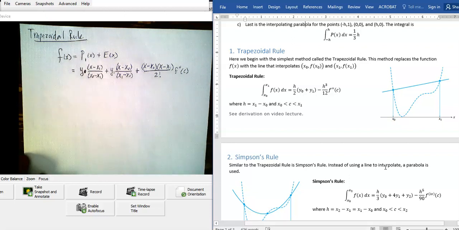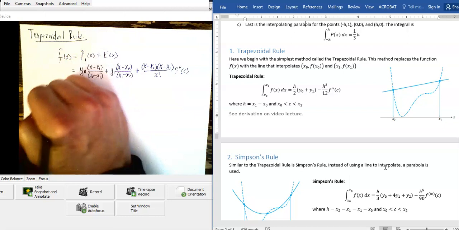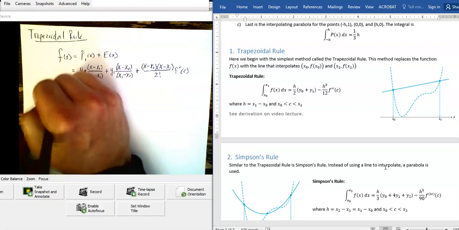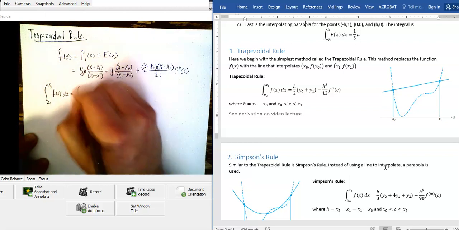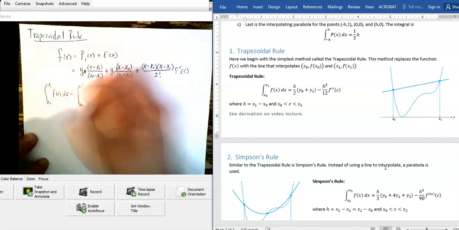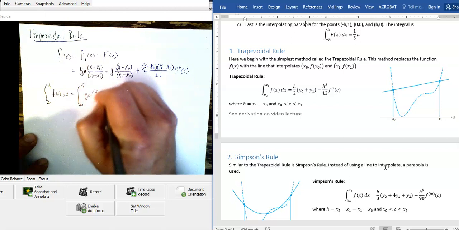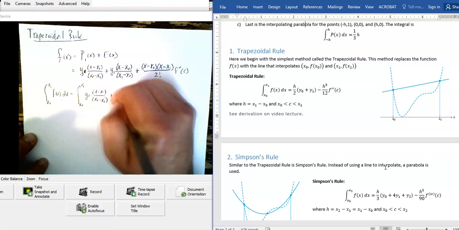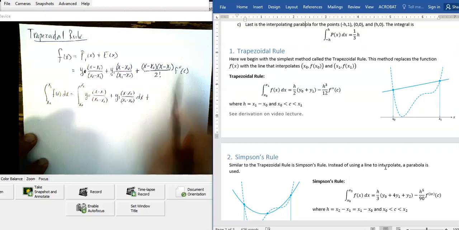All right, so let's look at integrating the first portion of this. I'm going to integrate both sides from x0 to x1. So the integral from x0 to x1 of f of x dx is equal to the integral of this portion plus the integral of our error term.